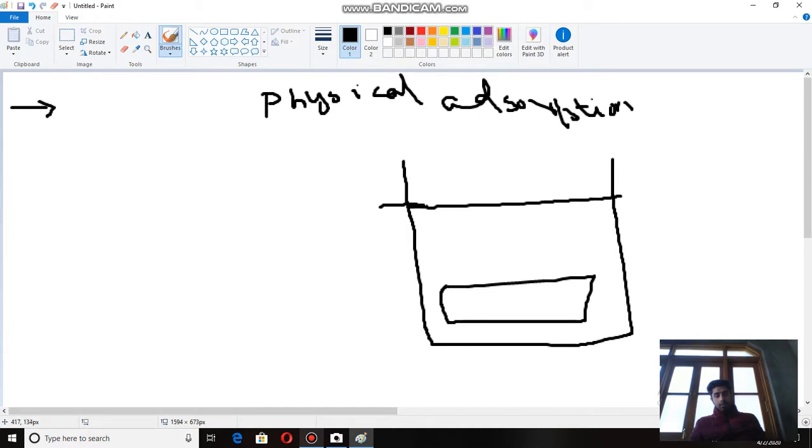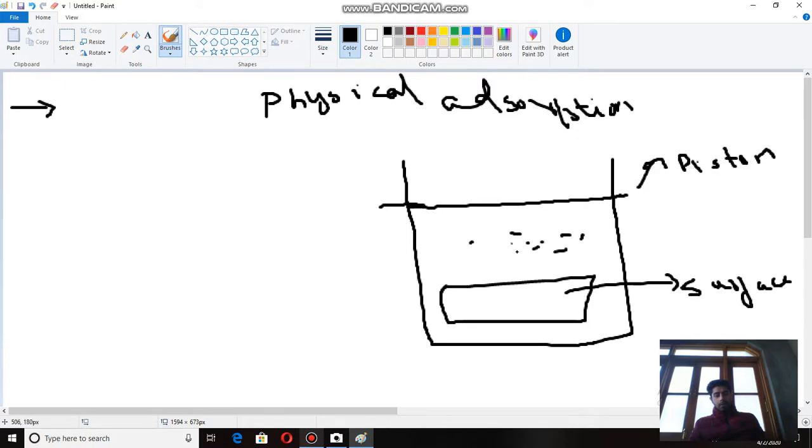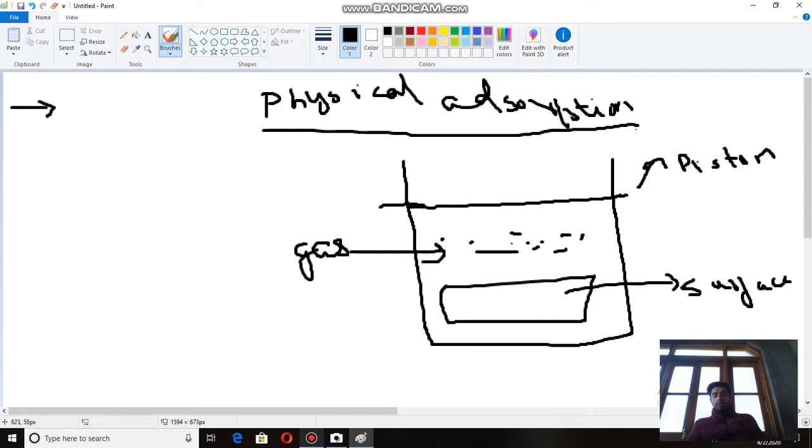This is a movable piston, and this is our surface, and here these are the gas particles. Now let's talk of this physical adsorption first.